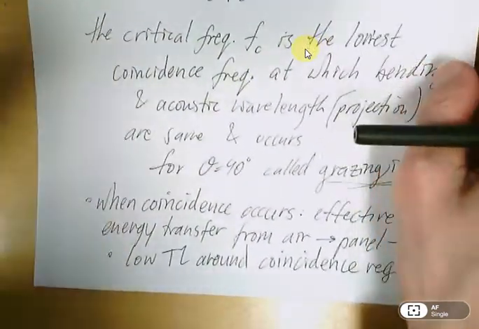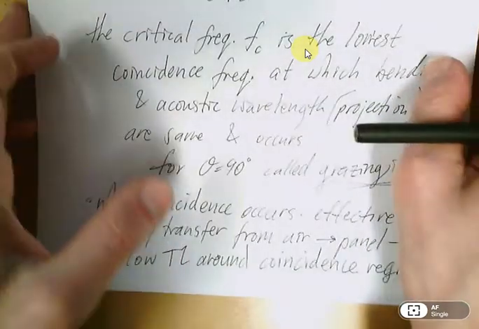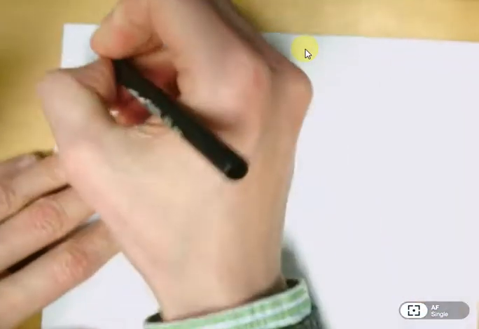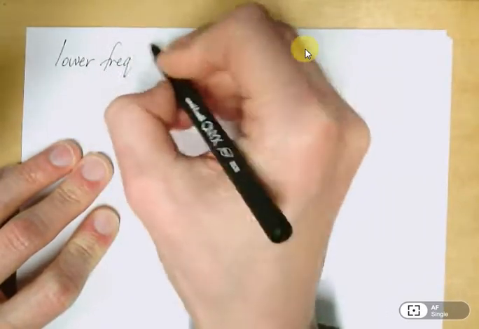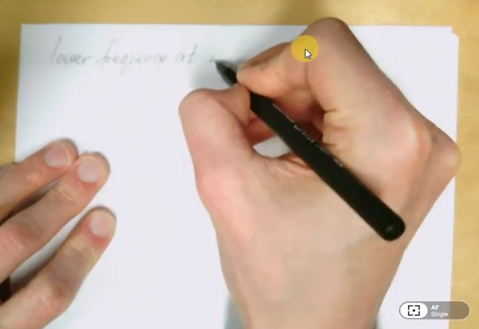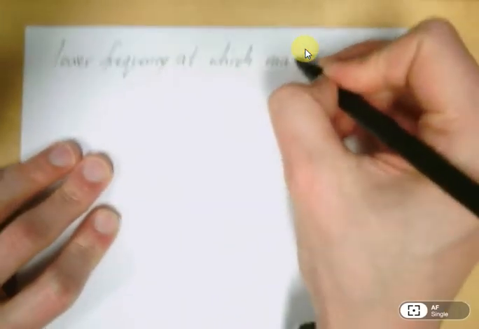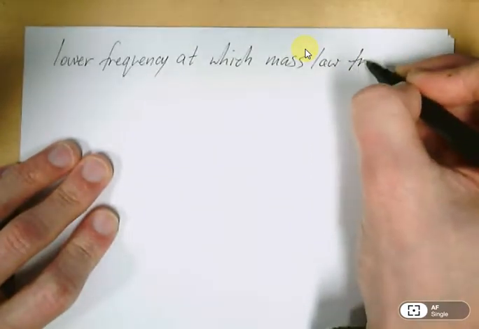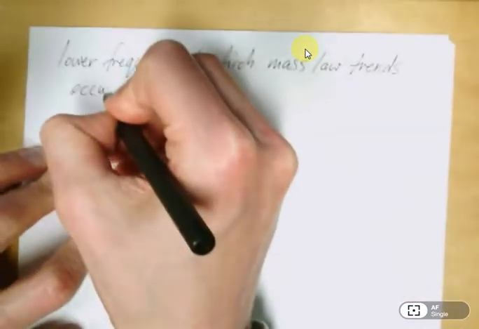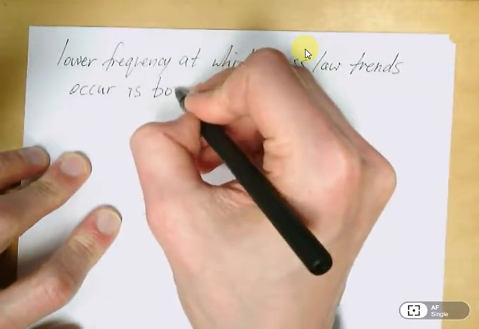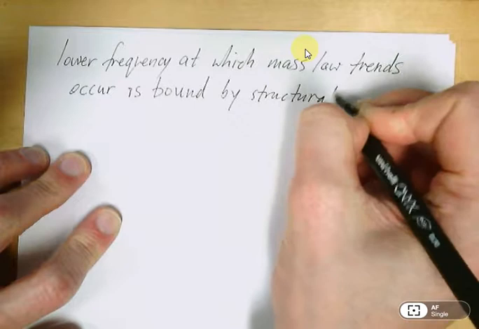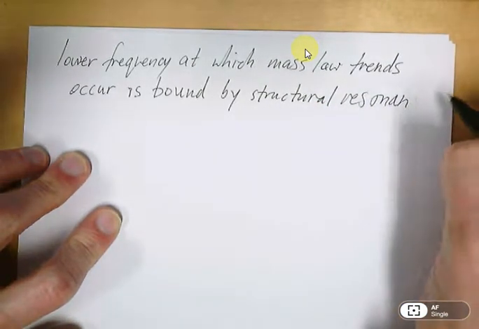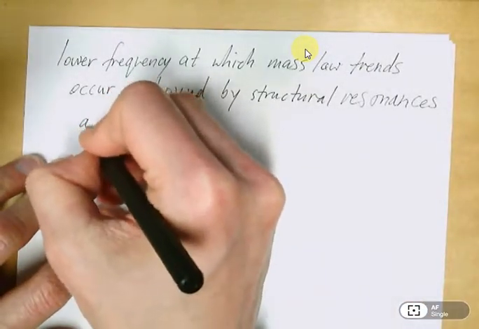What about the low frequency regime? Well, the lower frequency at which the mass law trends occur is bound by structural resonances, associated with finiteness, or the finite panel dimensions.